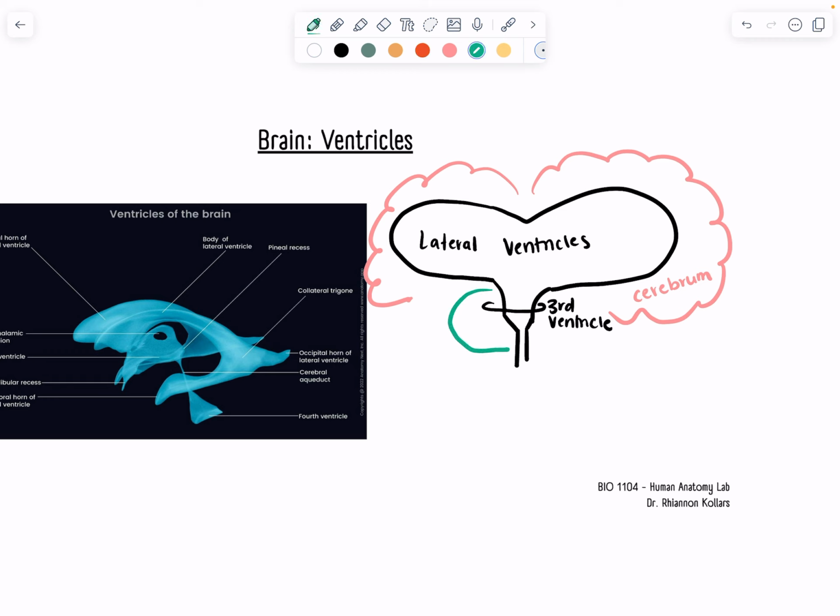I'm not going to do a video on the diencephalon region, just so that you guys don't have to watch a million videos, but the diencephalon region is going to be made up of my hypothalamus, my thalamus, my epithalamus, and that middle region is where I have a lot of relay happening between my brainstem, spinal cord, and my cerebrum. So it's that middle area. And so my third ventricle is all about my diencephalon.